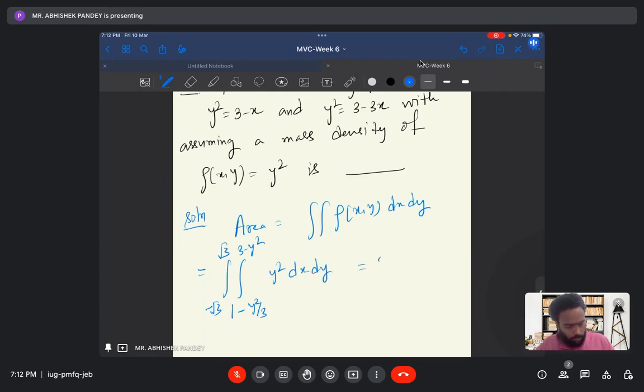Calculating this is easy, you will get 8 root 3 by 5. So the answer is 8 root 3 by 5.